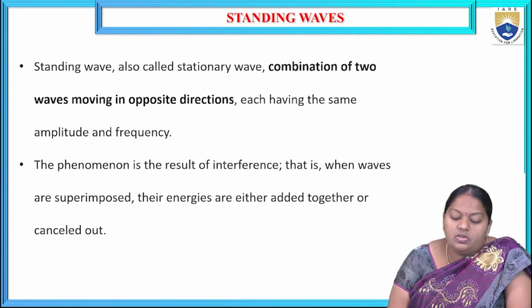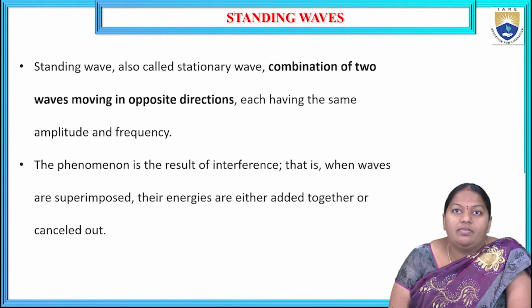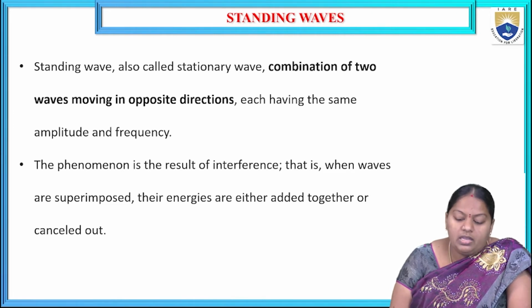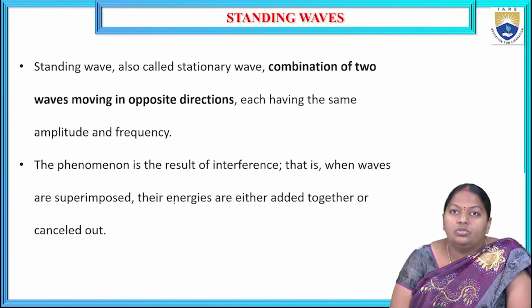So standing waves consist of two traveling waves moving in two opposite directions, but with the same amplitude and frequency. The phenomenon is the result of interference. That combination of two waves is said to be interference of the waves.